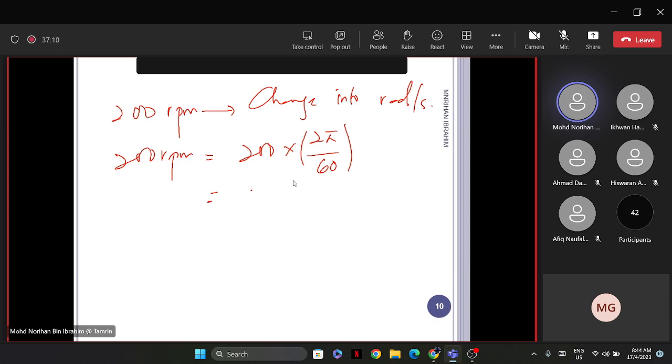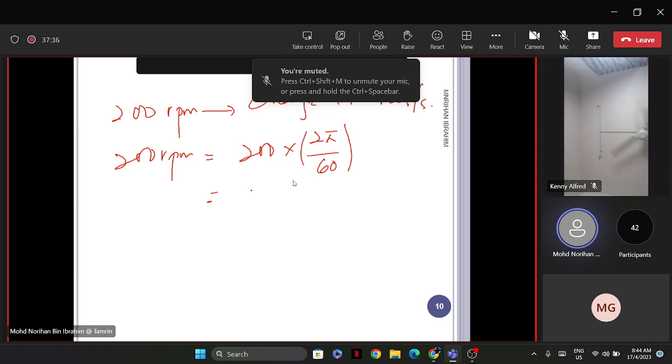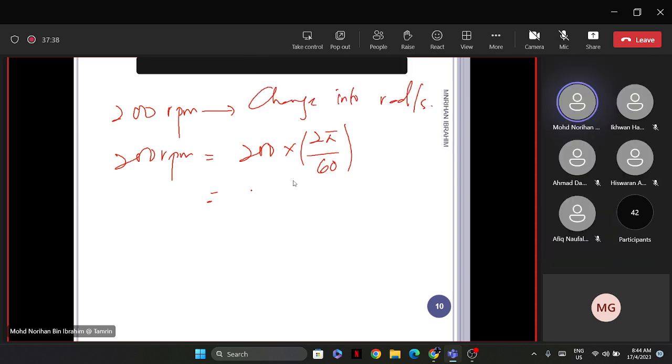So class, what is the answer for this? 200 multiplied by 2 pi over 60. Okay, try calculating this using a calculator. 200 RPM is equivalent to how many radian per second?